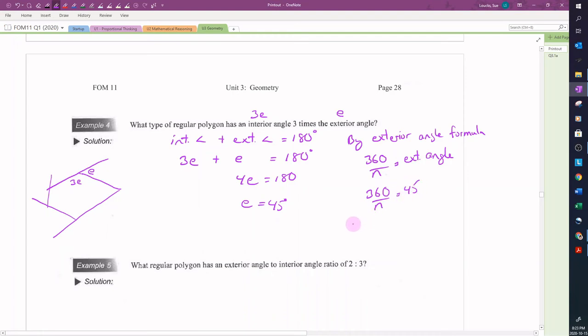Then 45n equals 360. I'm cross multiplying here, and then I'm going to divide that by 45, and I get n equals 8. So when it asks what type of regular polygon, the answer is an 8-sided polygon, which is an octagon.